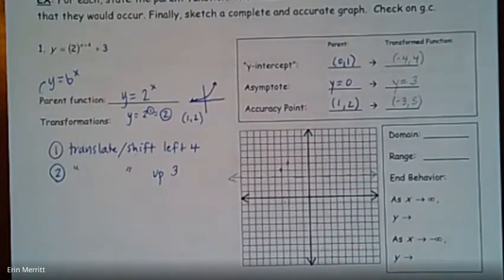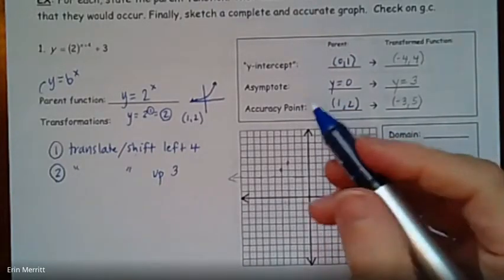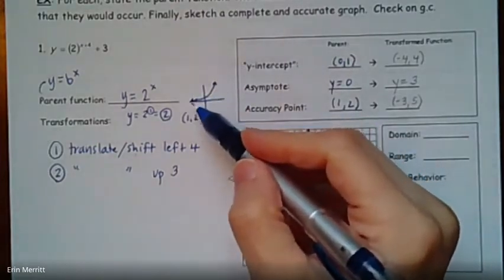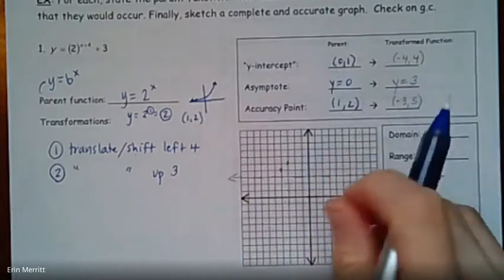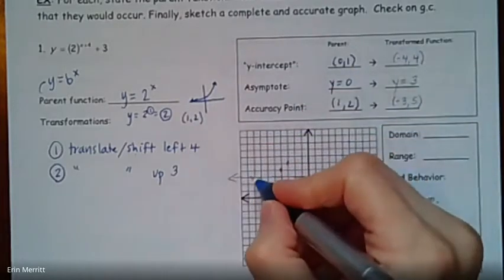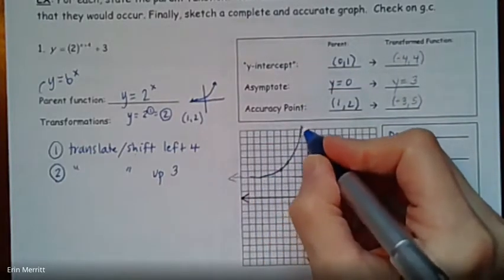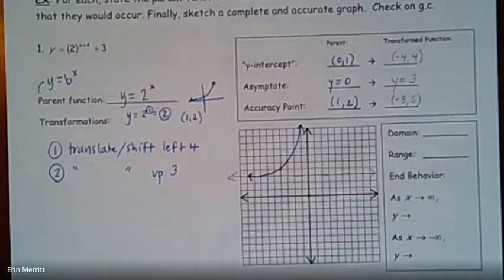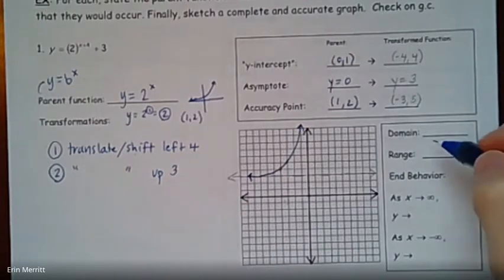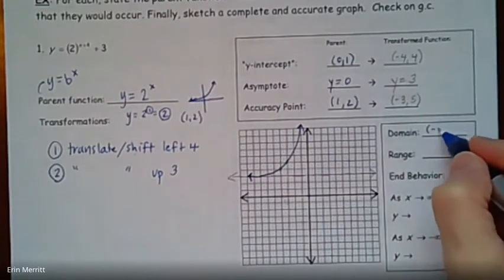All right, if I now connect the dots and I think about the shape, I didn't flip it over, I didn't stretch it, I just shifted it left and up. It's going to maintain that same shape, looking kind of like this. And now I can answer the questions about it. So the domain, it's going to cover everything from -infinity to +infinity.